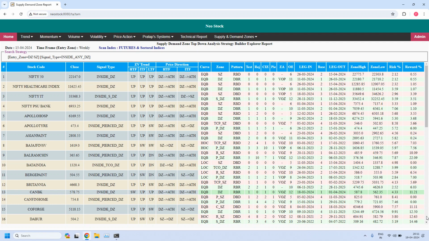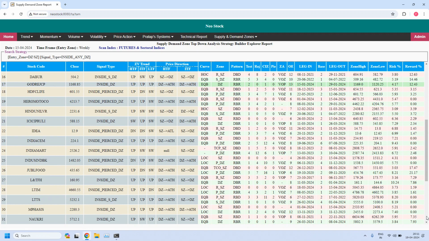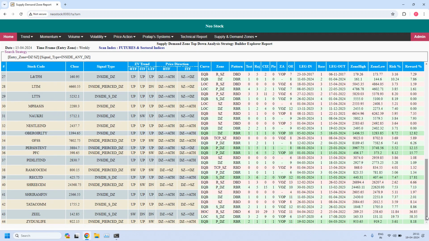Let me scroll down. So total 44 stocks are filtered where price closed inside weekly demand zone. Okay, let me go back.